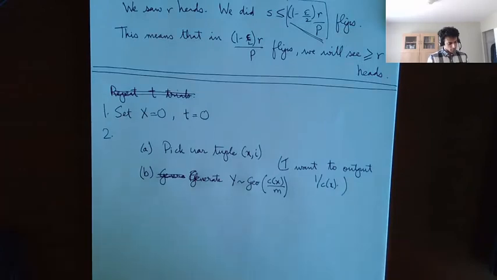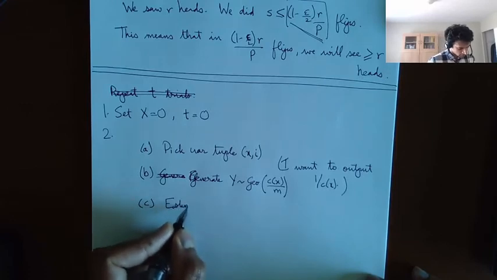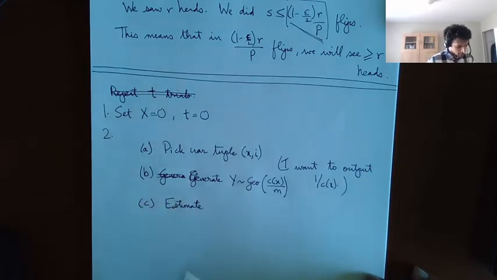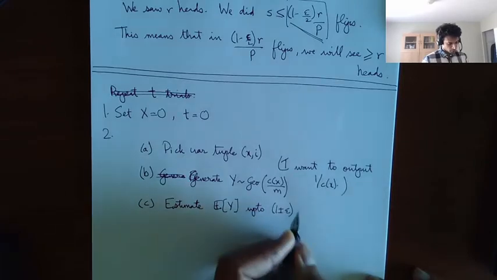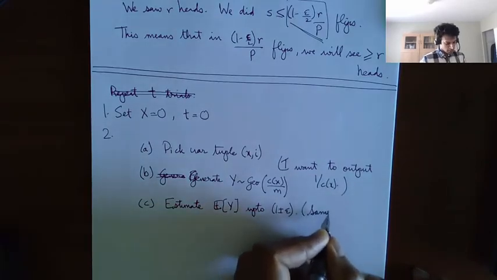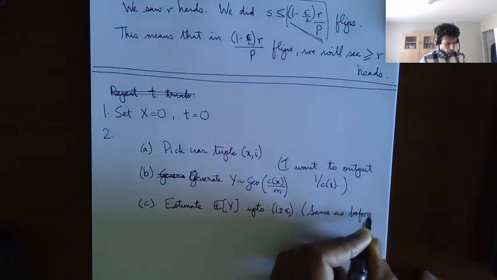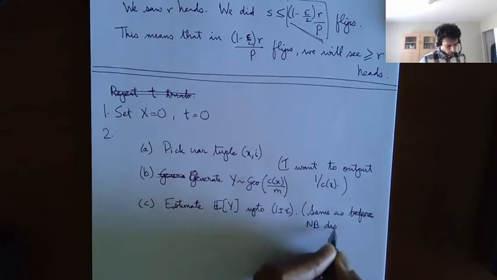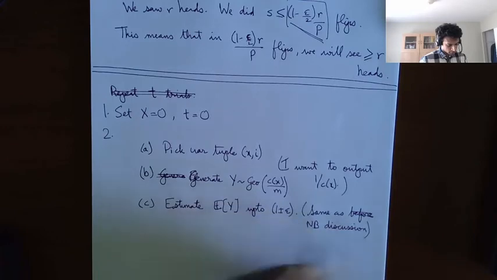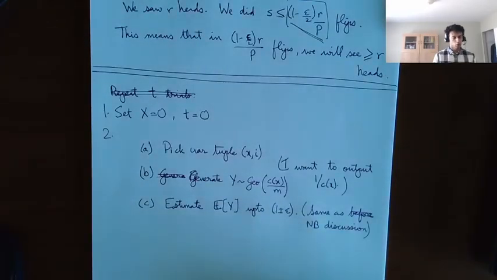This is not the most efficient way of doing this, but what I can do is estimate the expectation of y up to 1 plus minus epsilon. This is the same as before, like the negative binomial discussion. You keep flipping until you get 1 over epsilon squared successes.